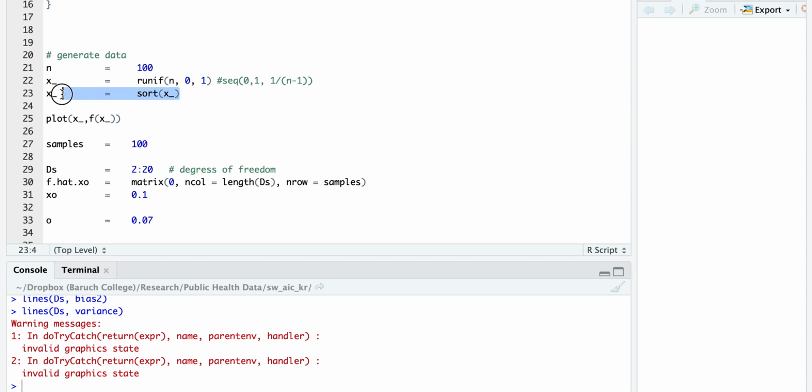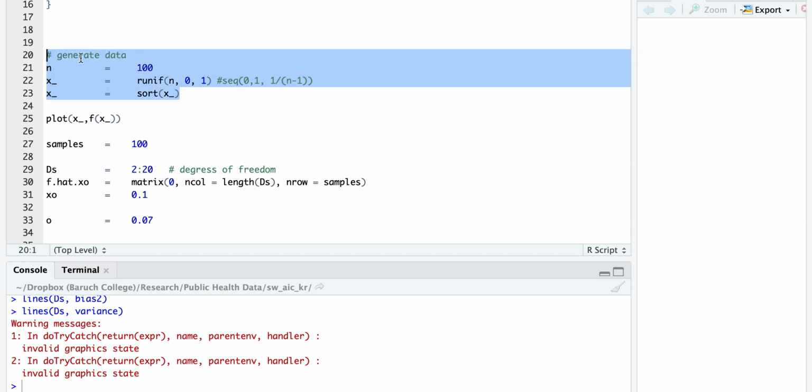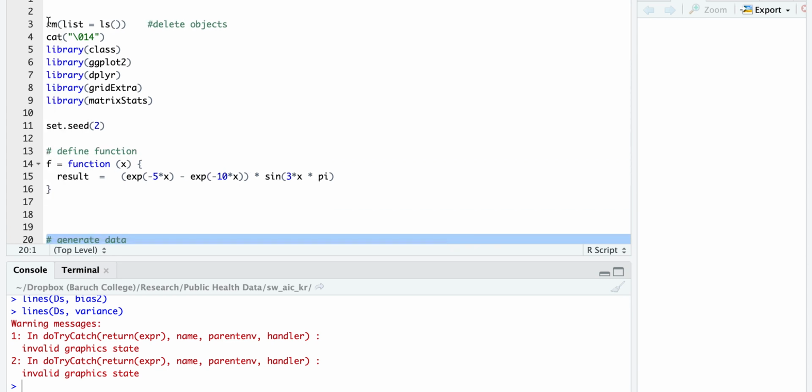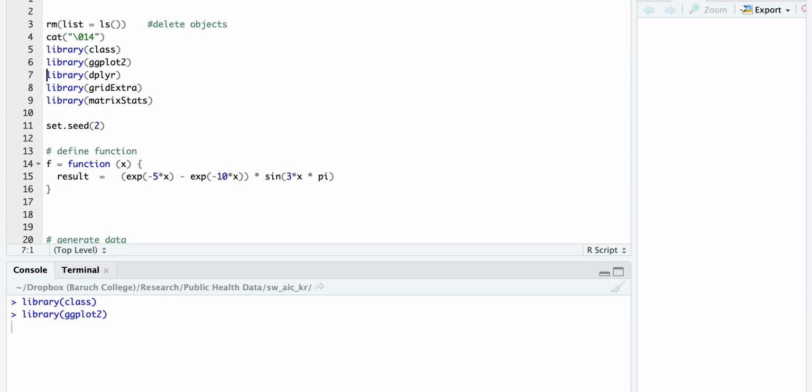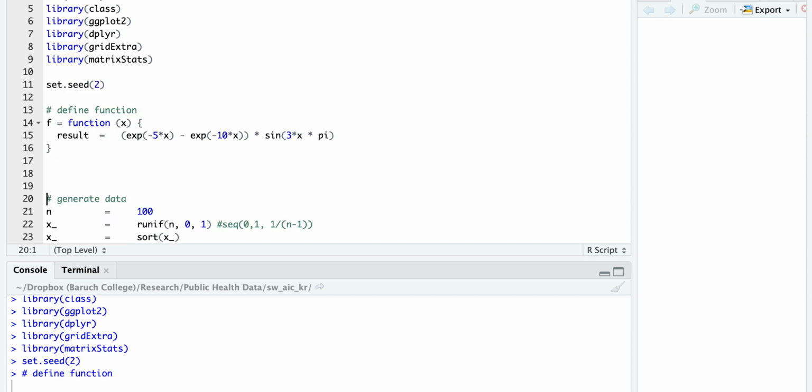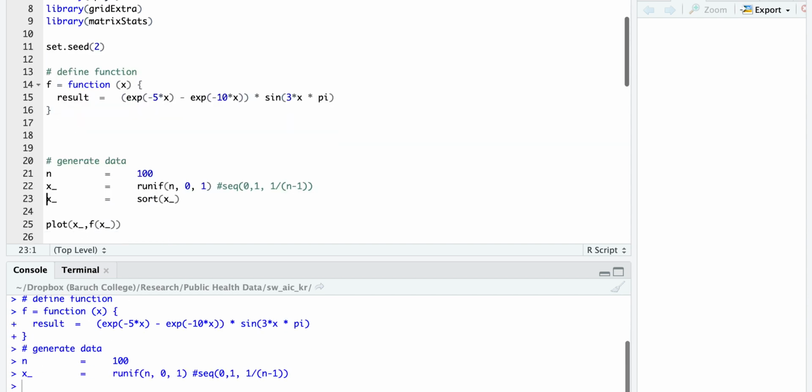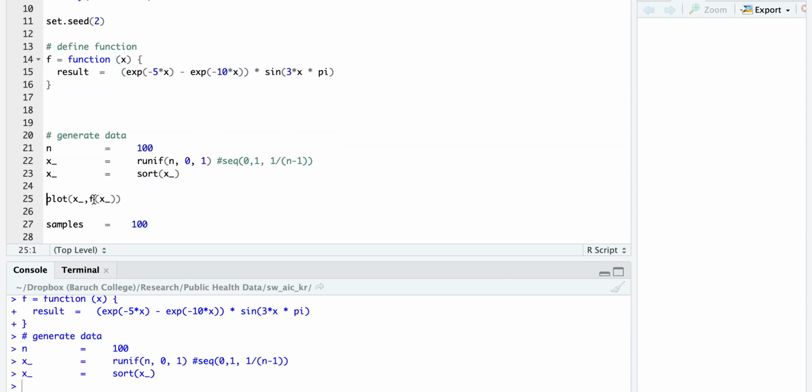Then we sort it, and we have this sequence. And then f is the function I defined here, so I just take the x's and give them as an argument. So the function goes here, and we can just plot it.